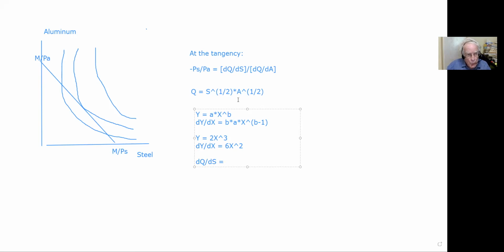So notice that with respect to steel, with respect to S, in this derivative, we will treat the expression for A as a constant.